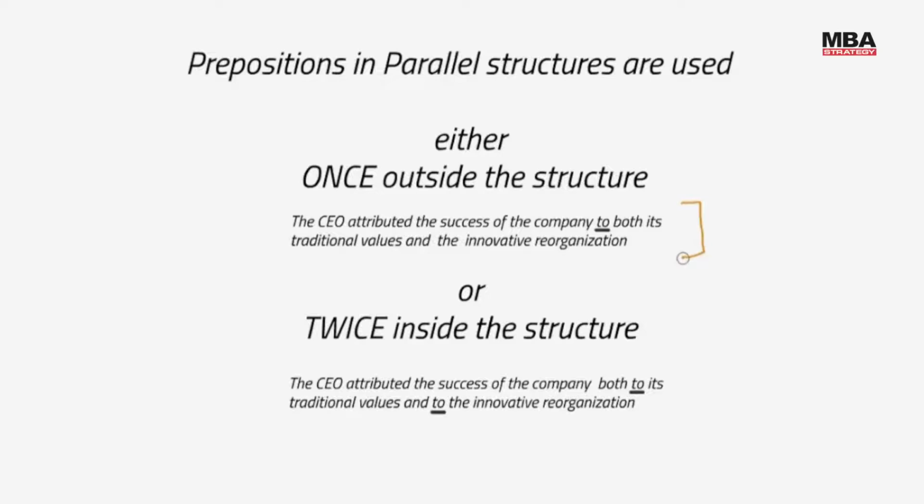In the first example, the preposition to is used outside the structure, both and. In the second one, it is used twice inside the structure, both to and to. Remember to choose answer choices with either the first option or the second one, but not their mix.